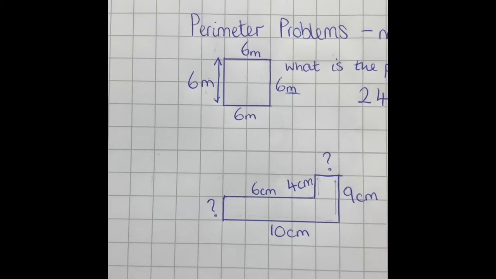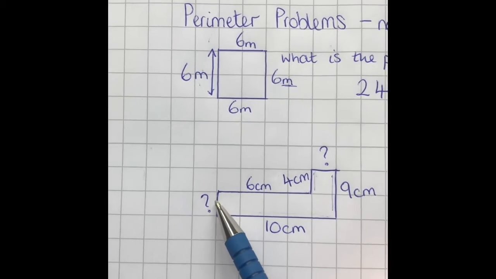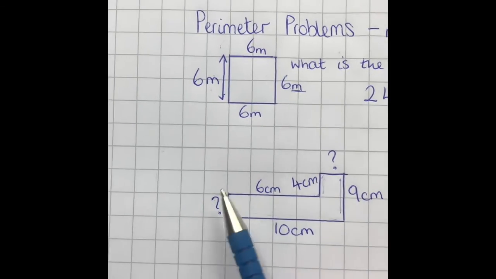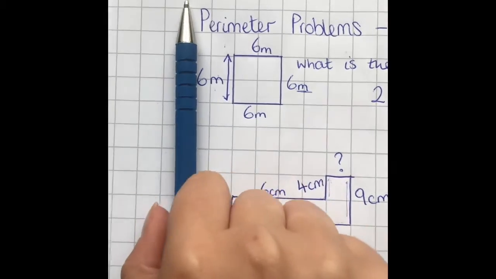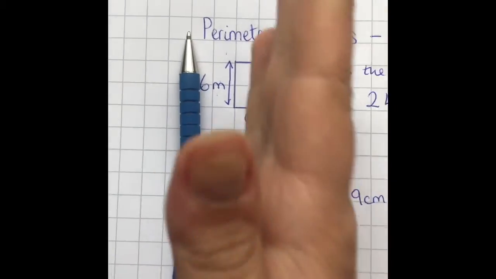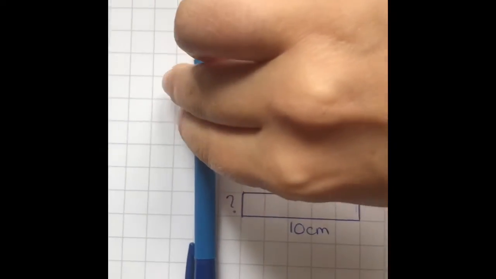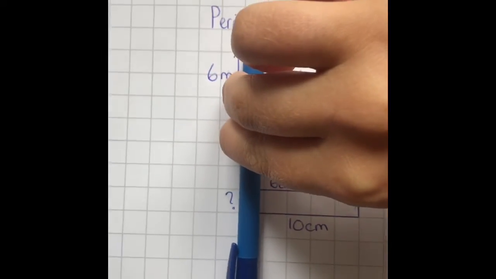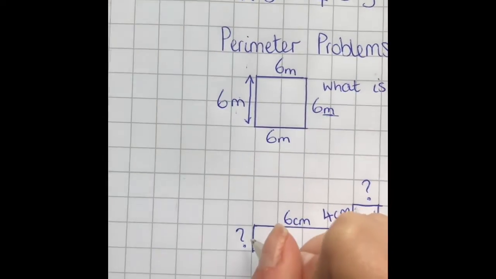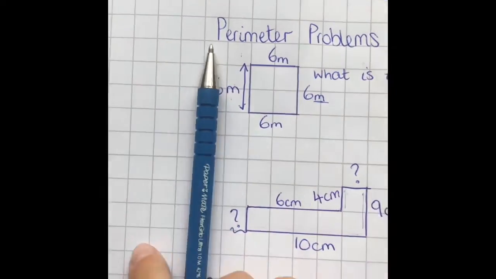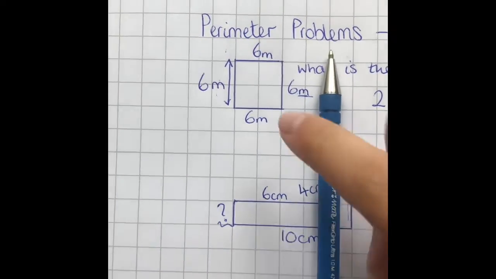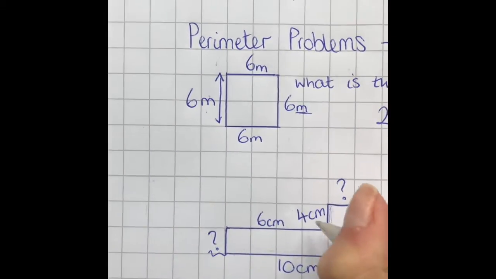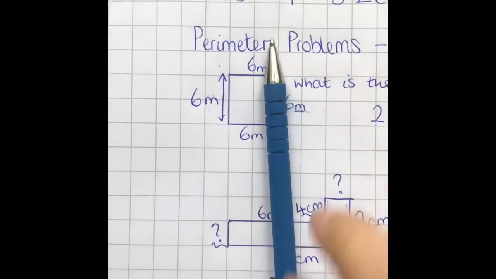Now, what I like to do is first look at my opposite sides. So, what measurements do I have that are vertical lines? If I move my pen across, first one I hit is this one. Then if I keep going along, I'm looking for vertical lines that I've drawn. Next one is this length here, 4 centimeters. Move it along again.